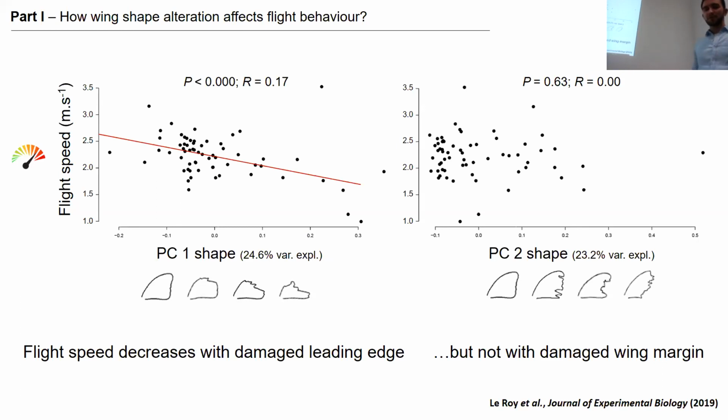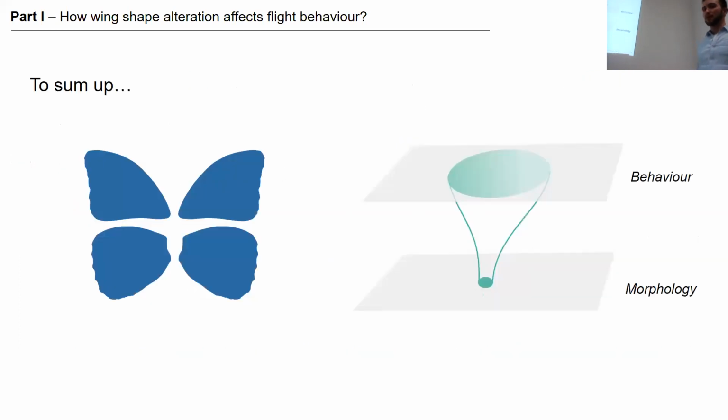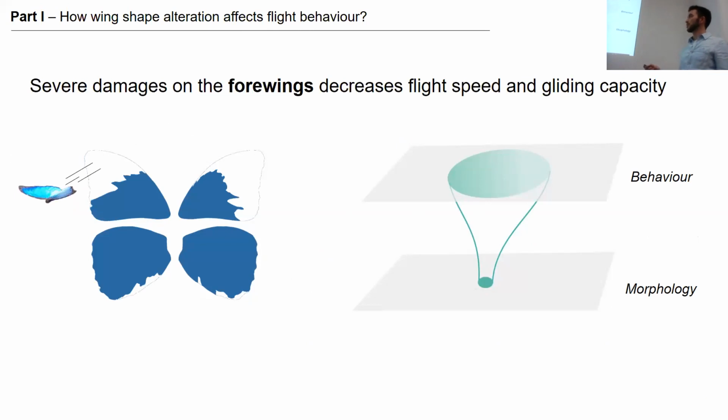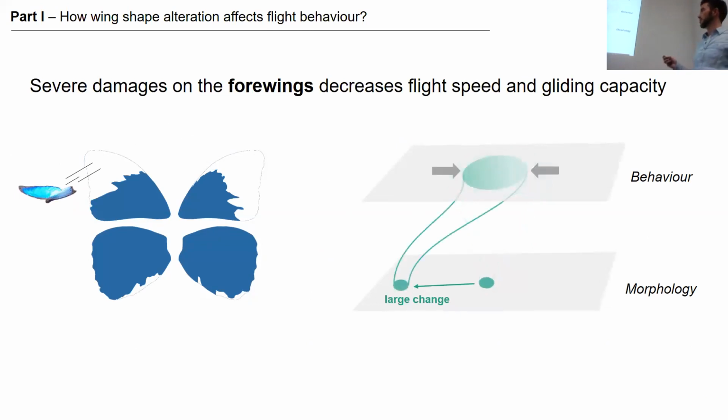To sum up on this first experiment, I come back to my diagram describing how morphology is related to behavior. I first showed you that large changes in wing shape, like those occurring on the forewings, significantly decrease behavioral capacity, notably the ability to fly fast and to glide.